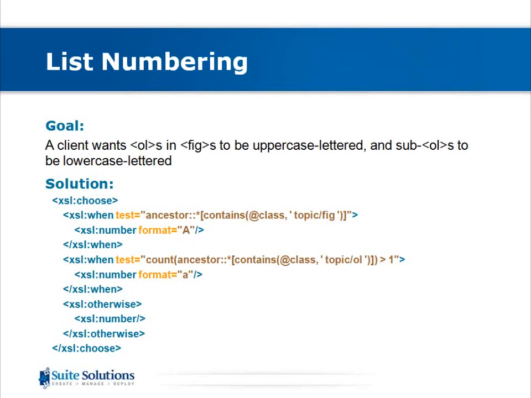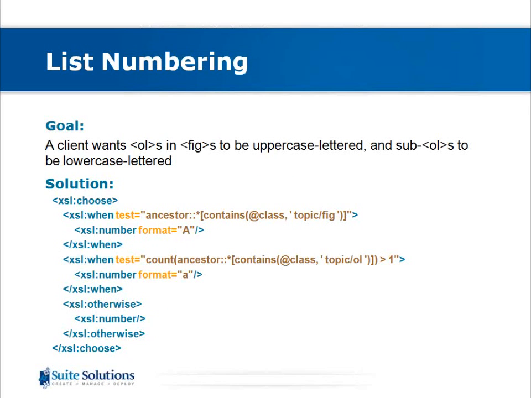So what we're looking for here is when there exists such an element along the ancestor axis. That means we're looking towards the ancestors of the current node, being the ordered list or the list item. When there is, looking towards the ancestors, any node whose class attribute contains the string topic/fig, then we know that we're currently sitting within a figure.